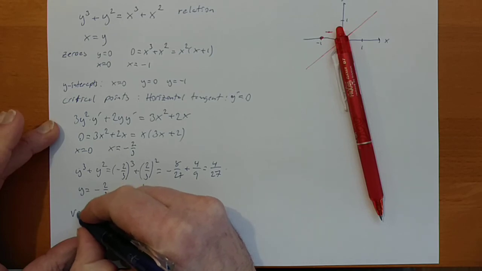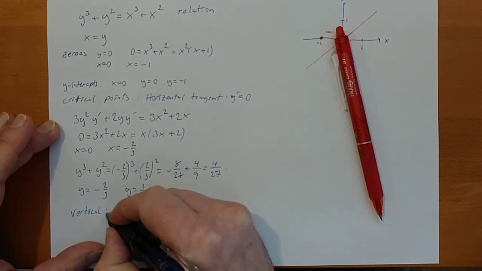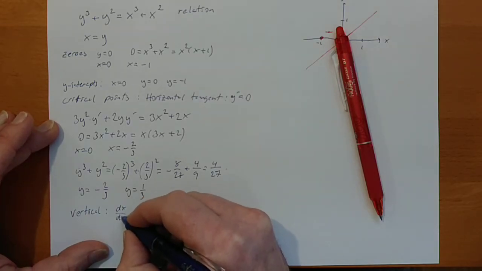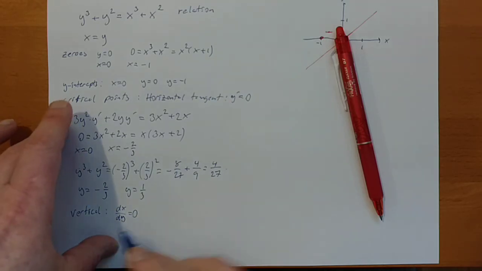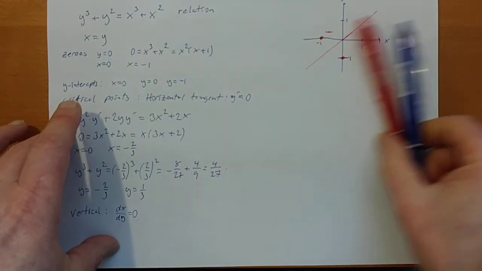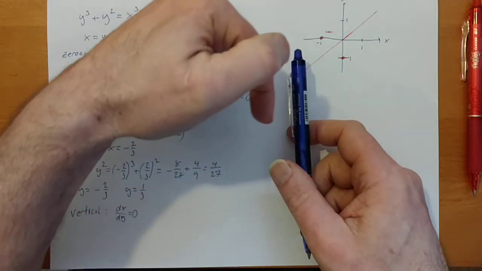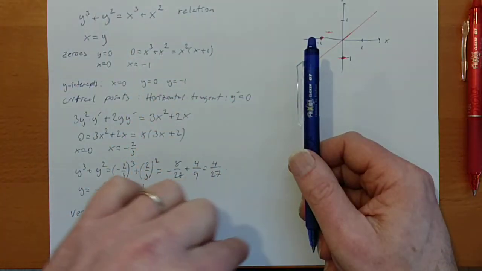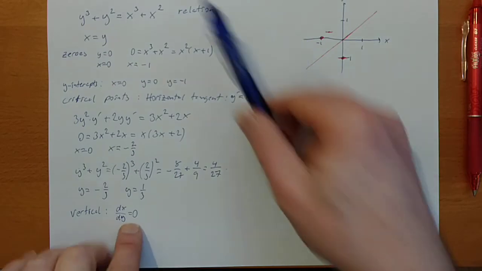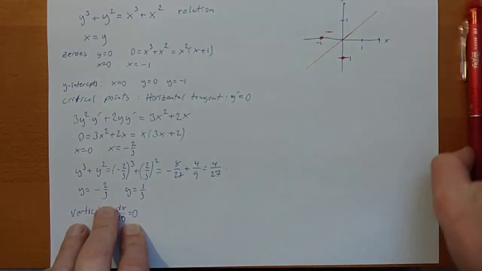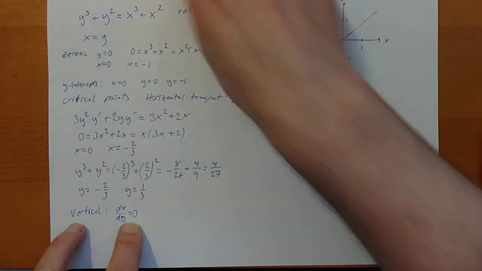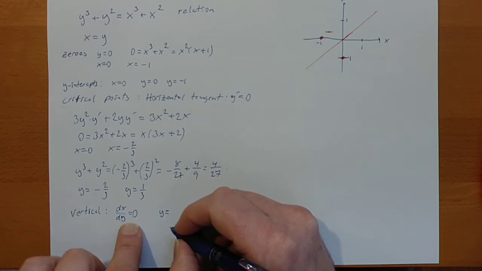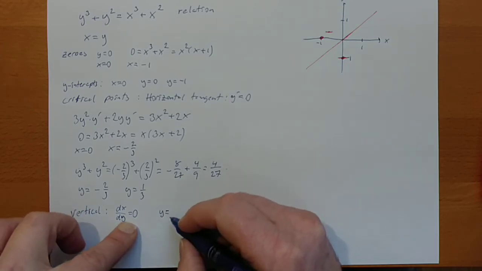For the vertical tangents, vertical points, in other words, where the derivative of x with respect to y is 0. Think about that. Vertical ones means that the slope is like this, right? So if we take the derivative with respect to y instead, we will see that the derivative is 0 now. And by symmetry, because the problem is completely symmetric, we will see that we must have a point where y equals, what do you have here?